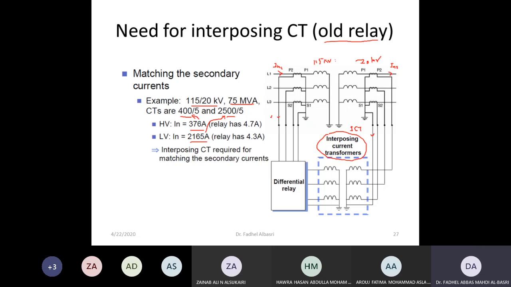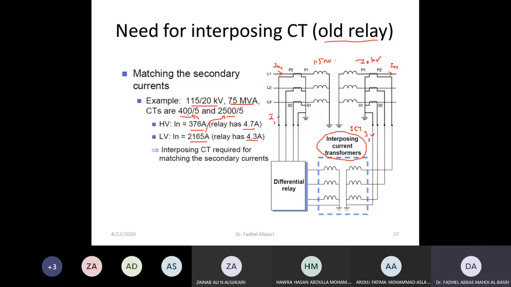Now, what will be the secondary I1 and I2? I will divide IN1 by this CT ratio to get this current, and also IN2 divided by the CT ratio at the LV side to get this current. As you can see, the currents are not equal in magnitude, because I could not find a CT ratio that matches exactly.